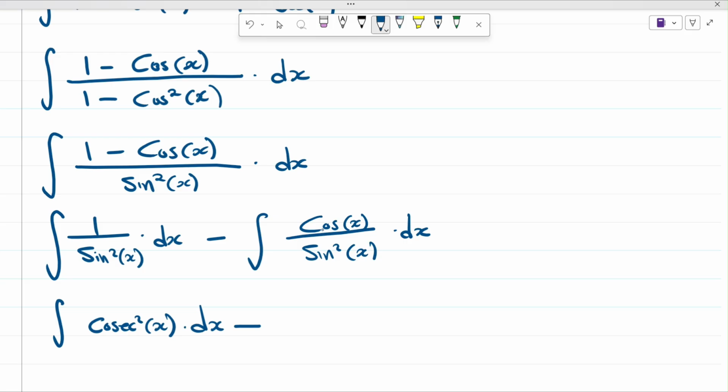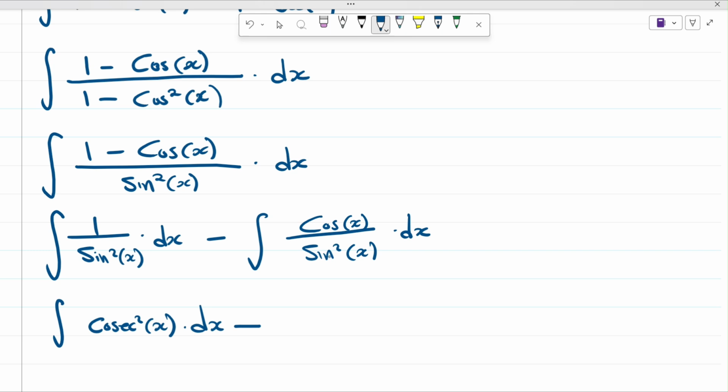On this other side, this could be done in two ways. One might say they can just use the general power rule. Or one can simplify this and say 1 over sine times cos over sine.